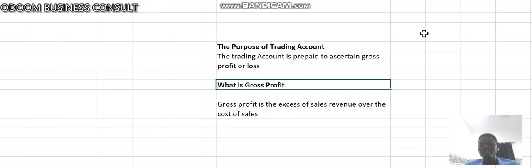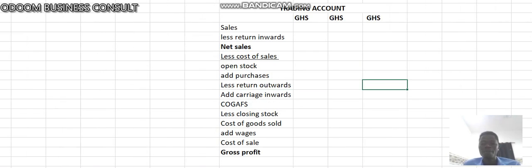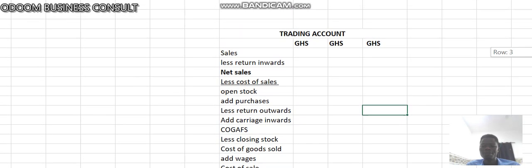But if the otherwise happens, where the cost of sales is more than the sales revenue, then you get a gross loss. So now let's look at the format itself, the format for trading accounts.